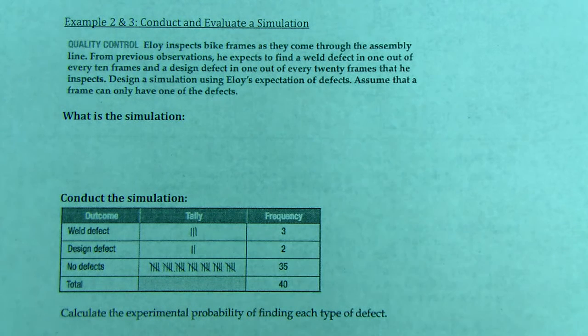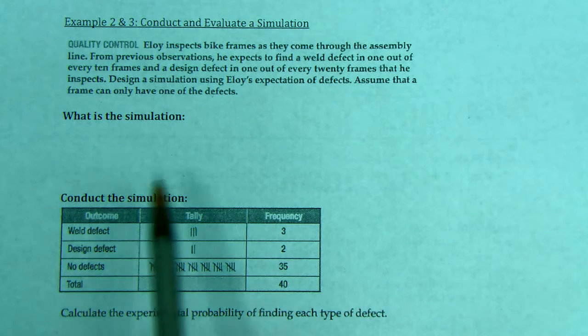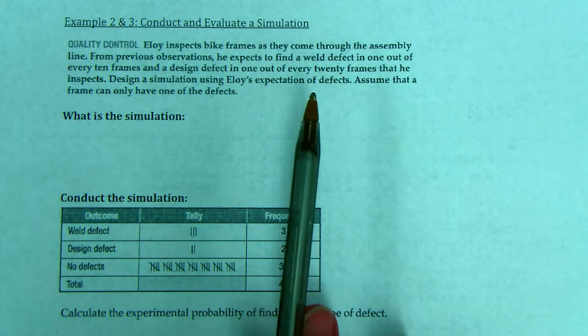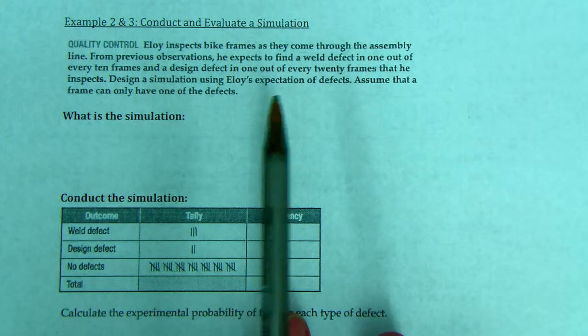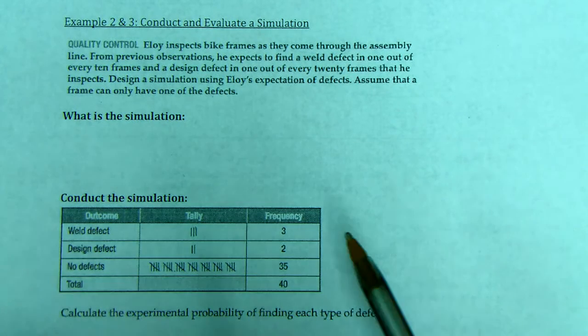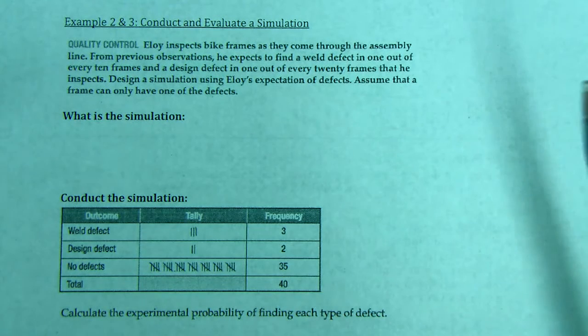So when I was thinking about this earlier, one says out of 20 and the other one says out of 10. I can incorporate all of that. I can make 20 coins or 20 items, all the same, maybe marbles, which is what I like to use. And then in that, 1 out of 10 would be represented by 2 in my 20.